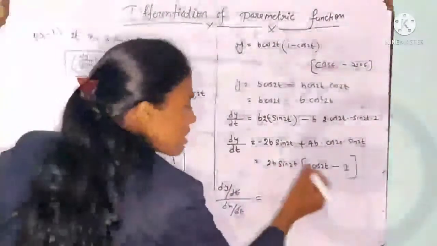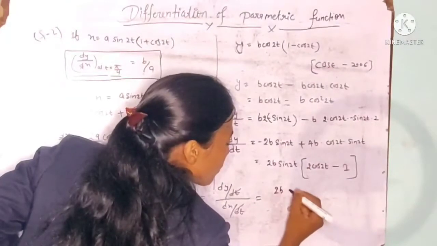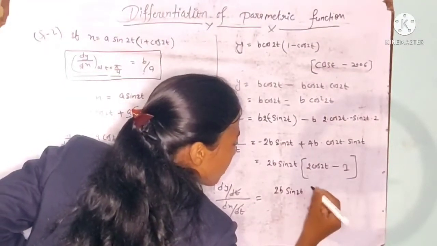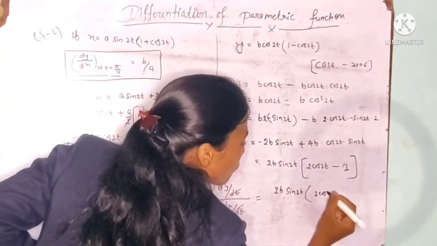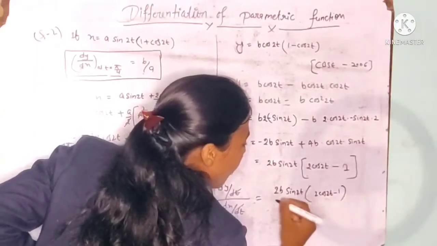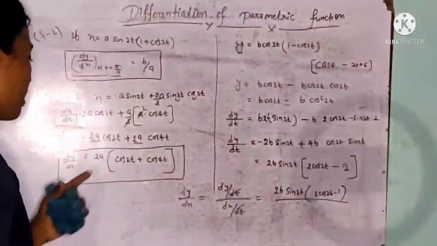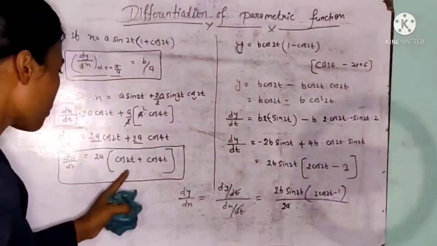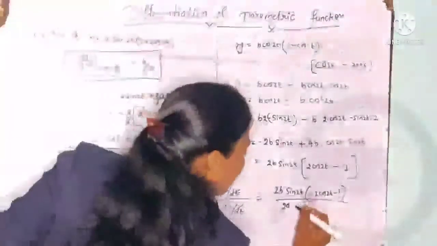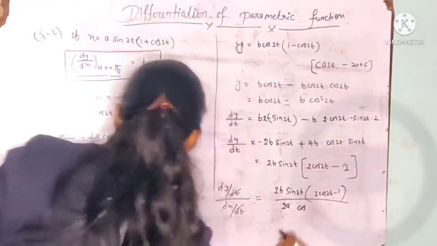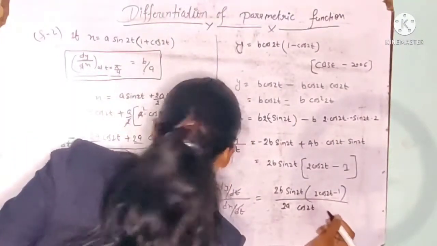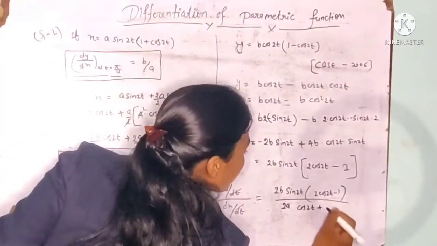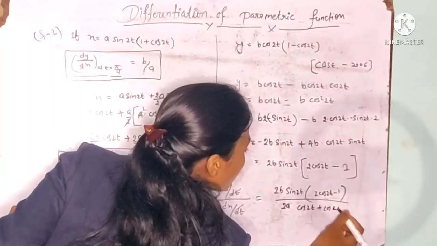So see here, this is dy by dt, so we write 2b sin 2t into 2 cos 2t minus 1, upon, what is dx by dt? This is dx by dt, 2a, here if possible take common, not possible, so 2a into cos 2t plus cos 4t.